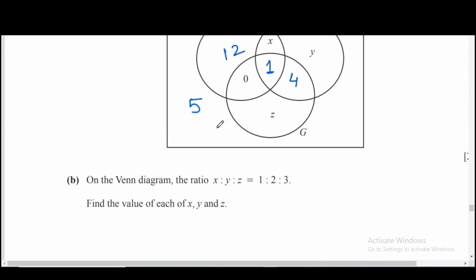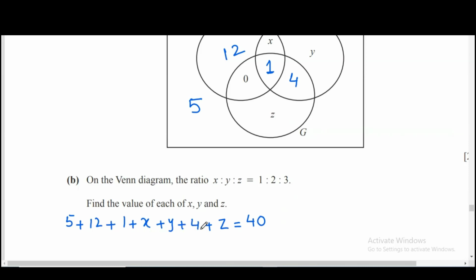How do we find the sum of x, y, and z? By adding all the numbers of students: 5 plus 12 plus 0 plus 1 plus x plus y plus 4 plus z equals 40. Now 12 and 5 is 17, 18, and 4, 22 here.